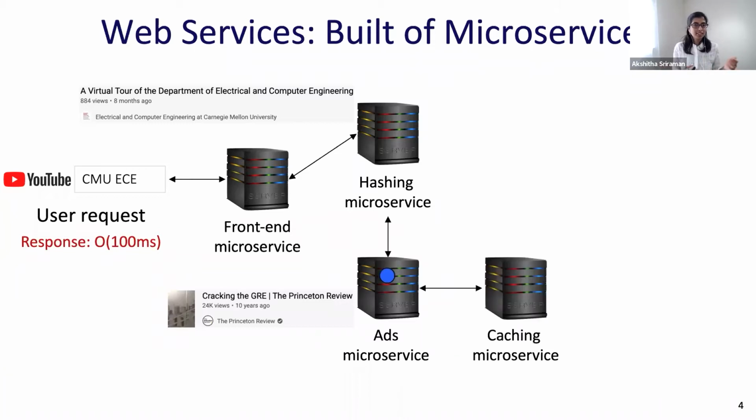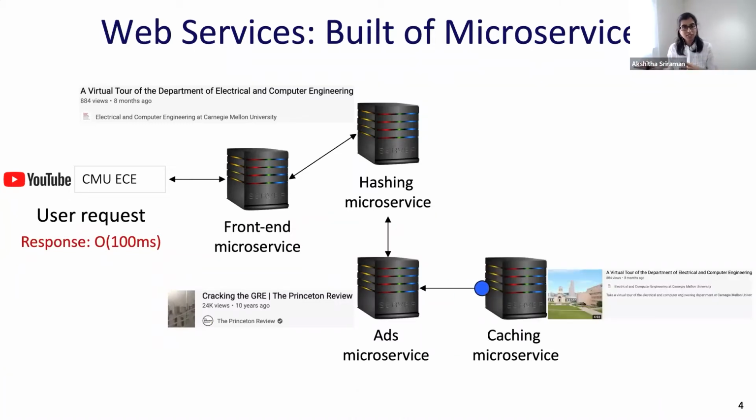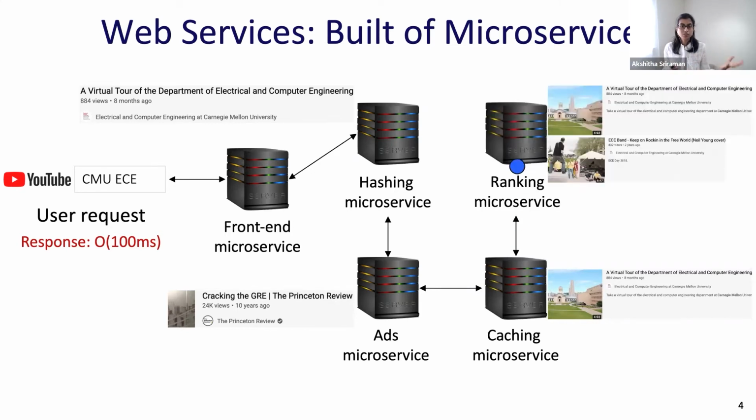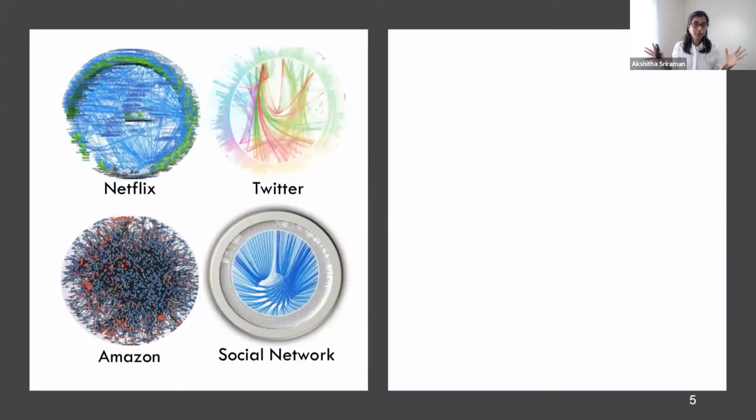And then it might send that request to a caching microservice, which will fetch the relevant videos. And then it might send these videos to a ranking microservice to rank them in a suitable order. Now, this is just a simple structure of YouTube that I'm showing you here. But in reality, there are numerous such microservices that are interacting in extremely complex ways.